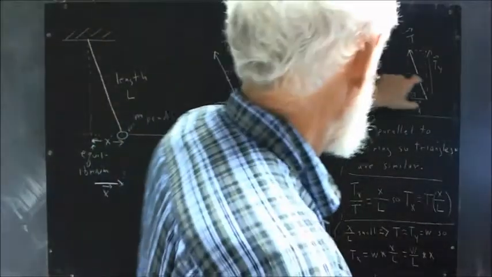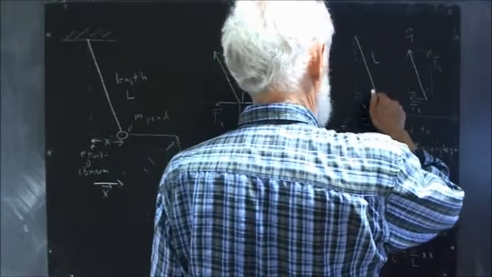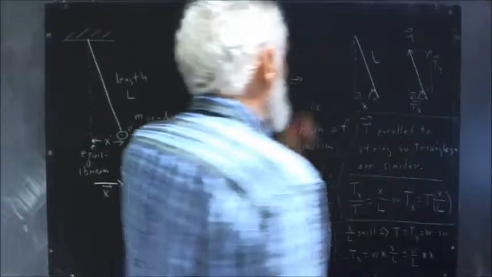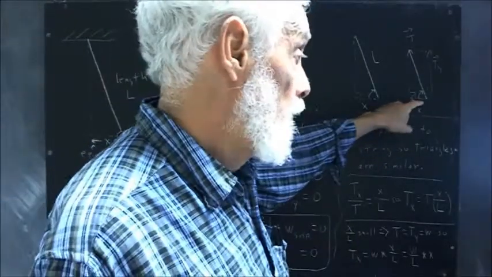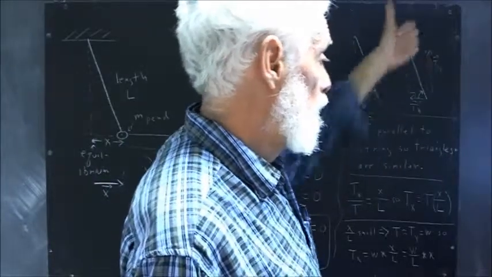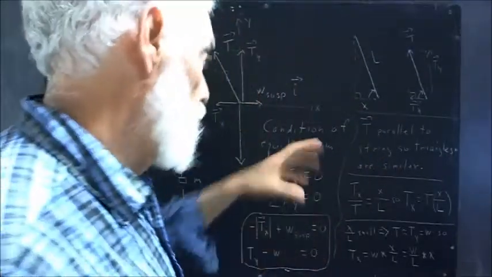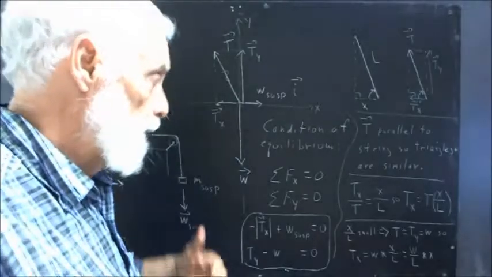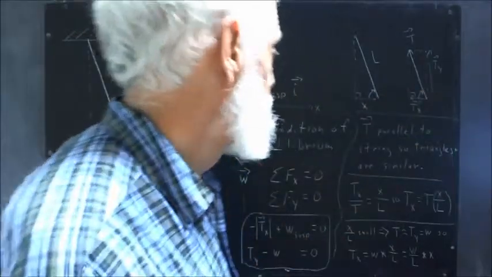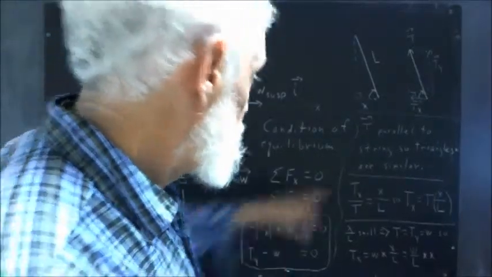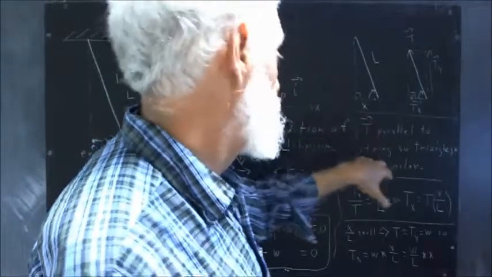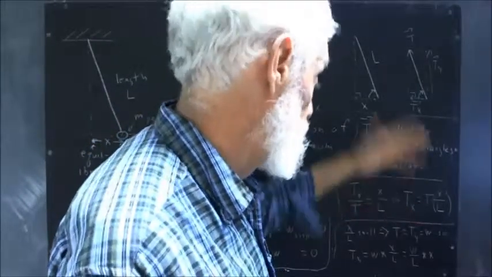So drawing that up here, we see that this angle has to equal this angle simply because the tension force has to act along the direction of a string. The tension force exerted by a string has to act parallel to the string. So the tension is parallel to the string, so the triangles are similar.